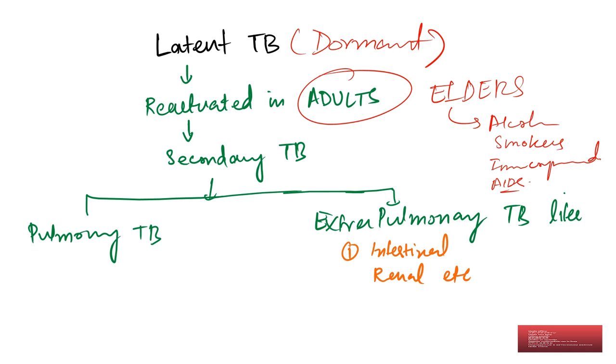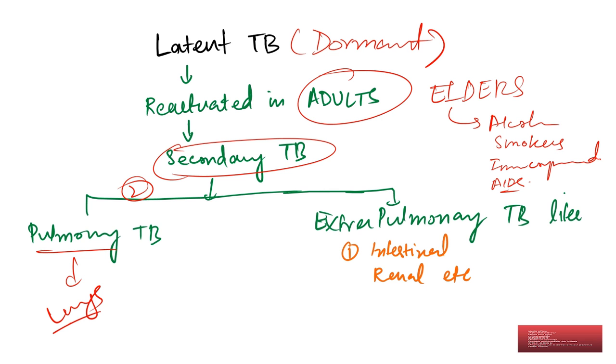This can be reactivated and cause secondary tuberculosis, which is of two types. The first one is pulmonary tuberculosis, which causes disease in the lungs, and the second one is extrapulmonary tuberculosis, which is of different types like intestinal, renal, etc. We will discuss the clinical findings caused by Mycobacterium tuberculosis in the next lecture.